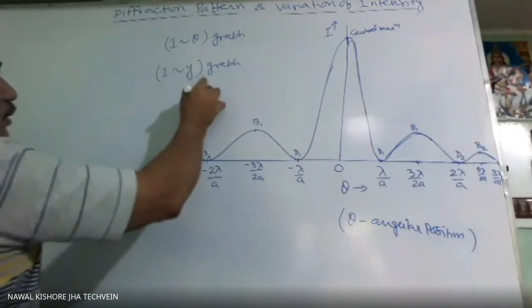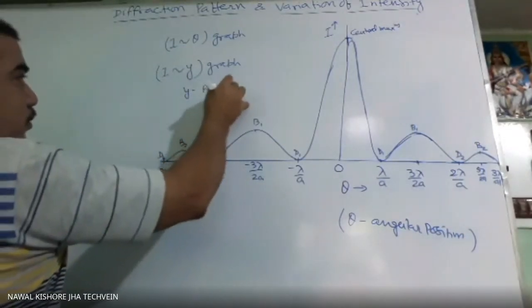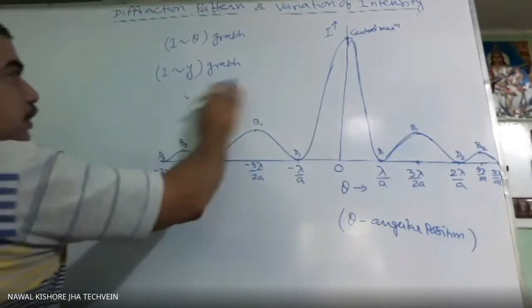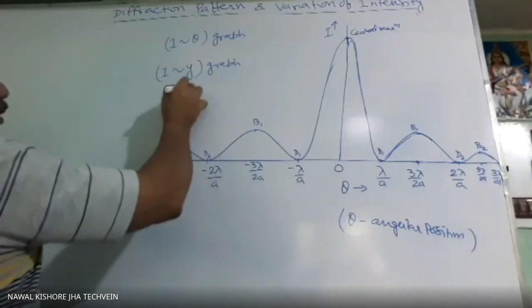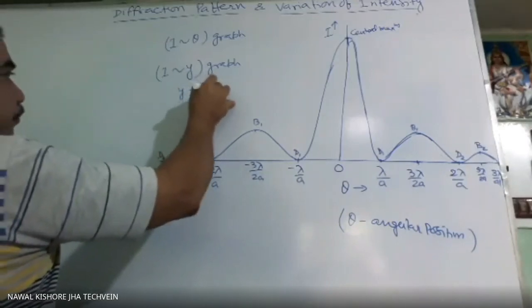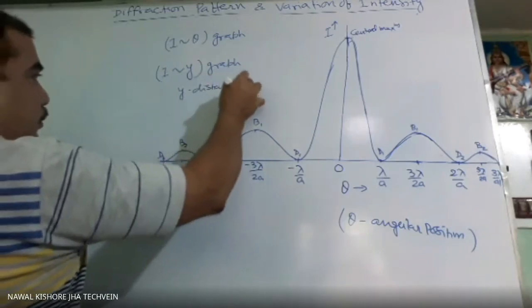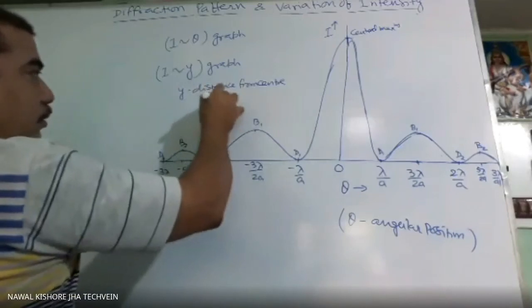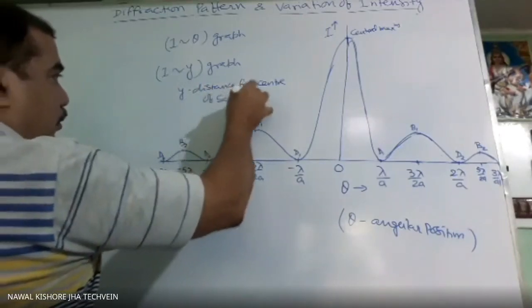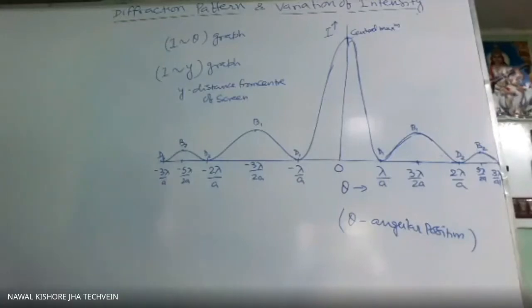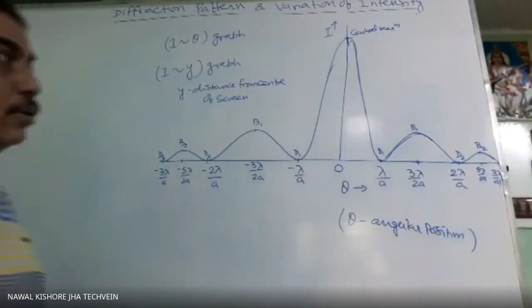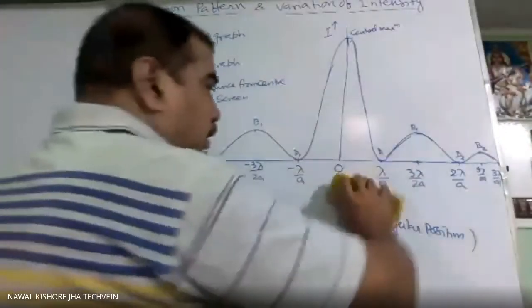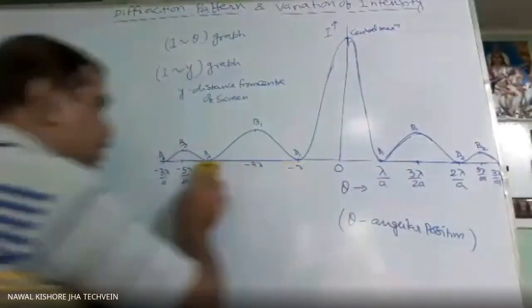So this y is position, or the distance from the central axis. So this y-axis will remain same, but here this labeling will change.